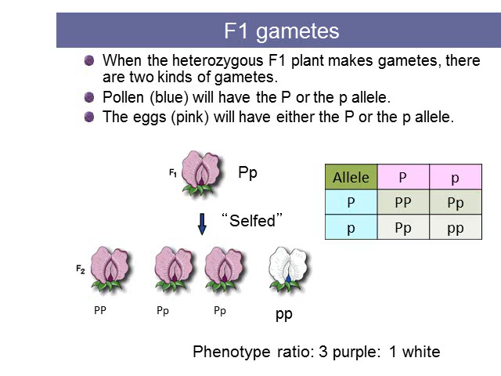When it makes gametes, being eggs or sperm, there are two kinds. The pollen is either going to make a big P or a little p allele. That's random. Flip of a coin. And then the eggs will either have the big P or the little p allele.